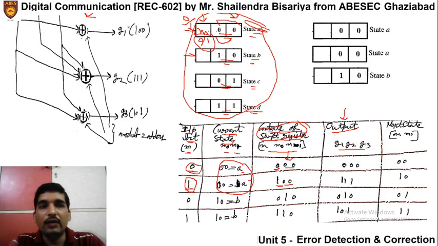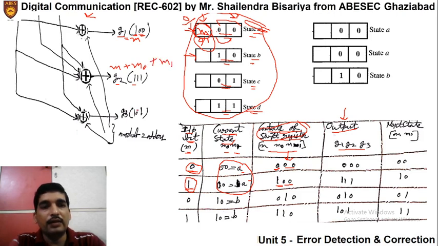And how will we calculate? We will calculate G1 as XORing of 1, 0, 0. So it is simply the first term, that is M. So G1 is nothing but directly the value of M, right? And since the other terms are 0. G2 is XORing of M with the previous two bits, that means M0 and M1, right?